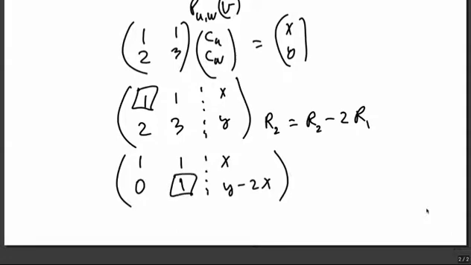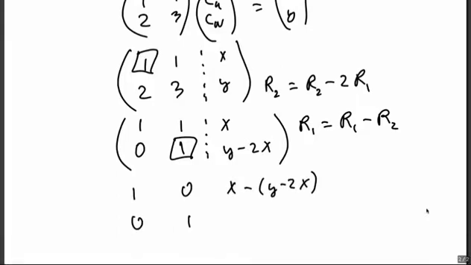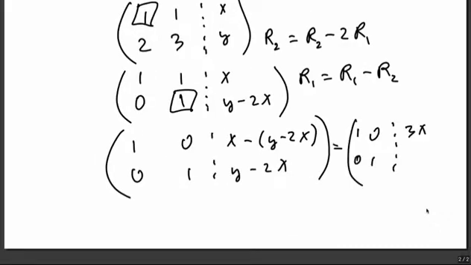Then we continue with the second row and go backward, making the entry above 0, so row 1 equals row 1 minus row 2. That's 1, 0, this is x minus y minus 2x, which is 3x minus y, and 0, 1, and this is y minus 2x.